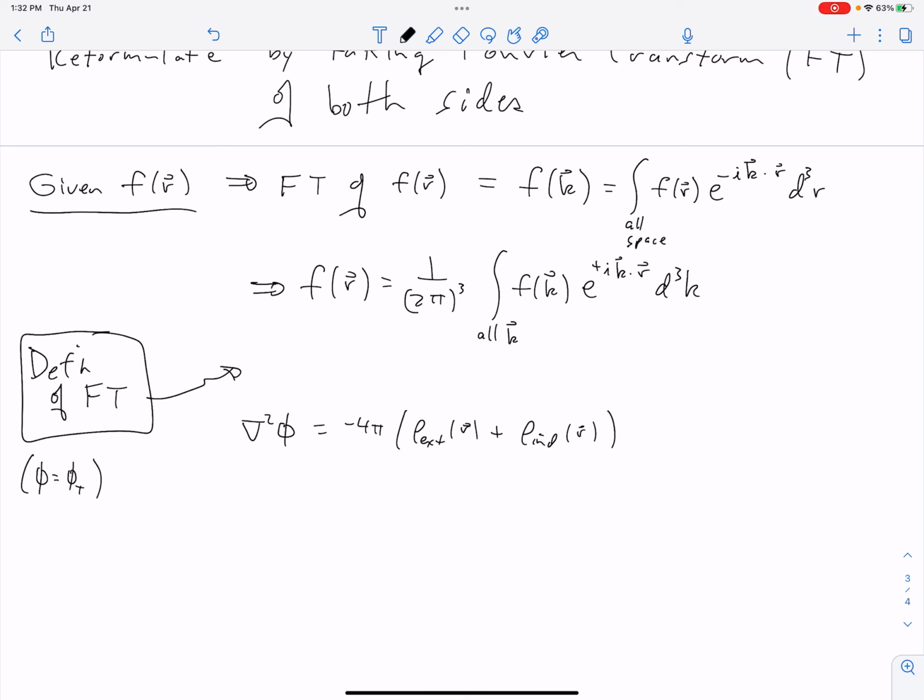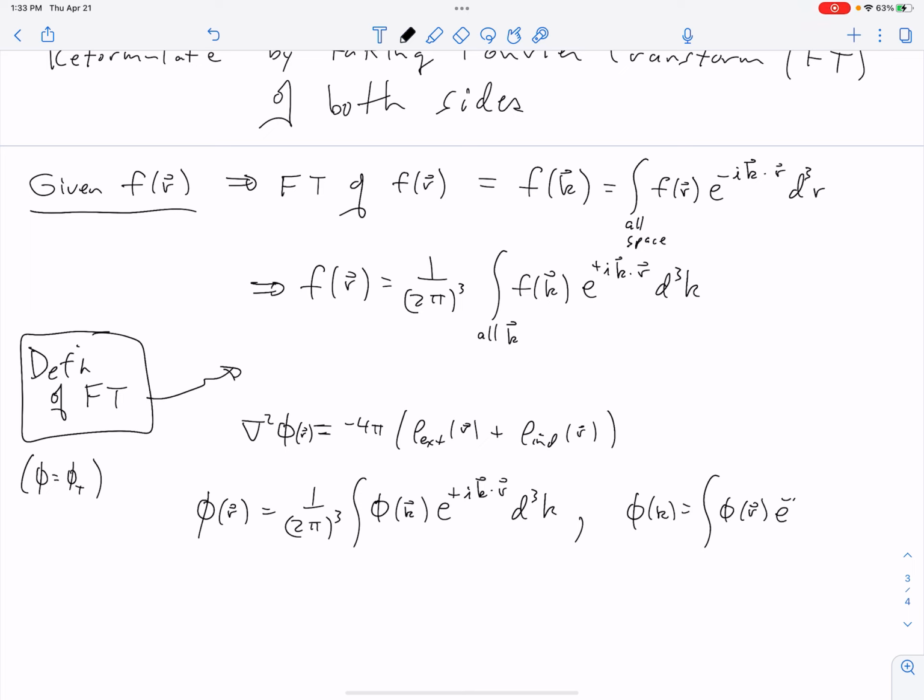This is all in real space. I can say that phi of r is equal to 1 over 2 pi cubed integral over k of phi of k, the Fourier transform, e to the plus i k dot r d cubed k, where phi of k is the integral of phi of r e to the minus i k dot r d cubed r. They come in pairs.